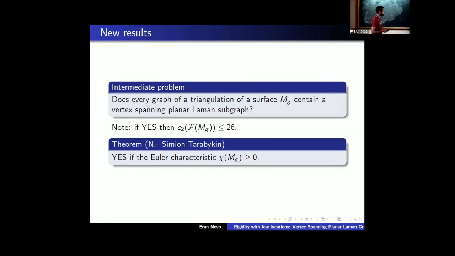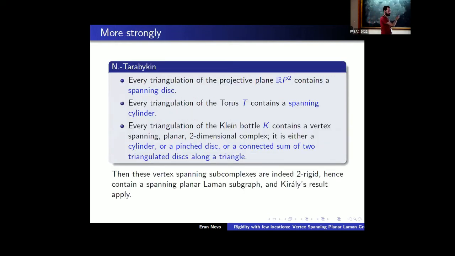So we don't know whether it's true for all surfaces, but we showed, together with Simeon Tarabikin, that the answer is yes if the Euler characteristic of the surface is non-negative. So this amounts to 4 different surfaces: the sphere, where Király showed it, and for the other ones, we show the following stronger statements that in particular imply the statement I mentioned before.